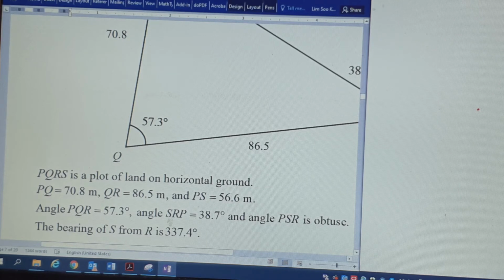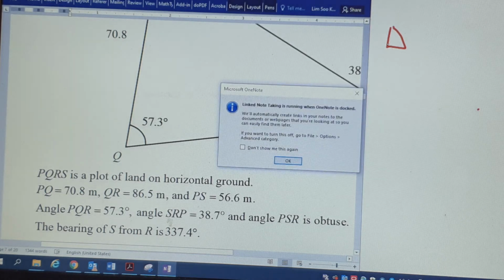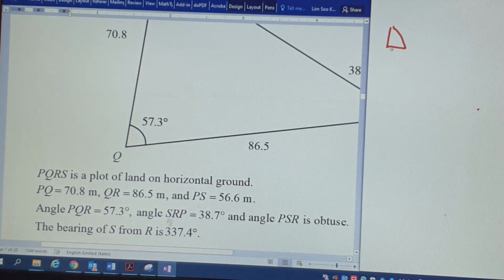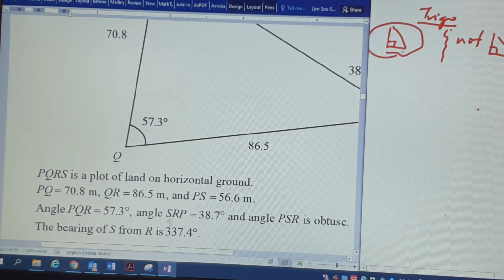You first of all look out for right angle triangles. Got right angle triangle or not? Trigo questions mean bearings, 3D diagrams. So there are two cases. The first one is if it's right angle, and the second one is if it's not right angle.